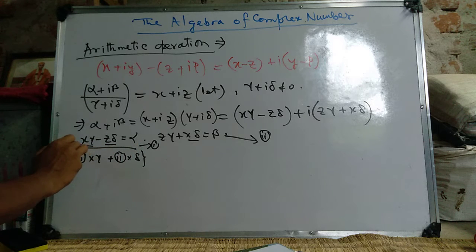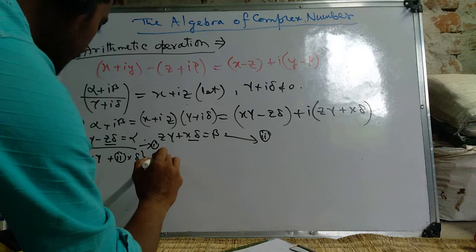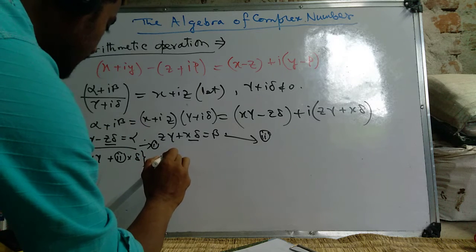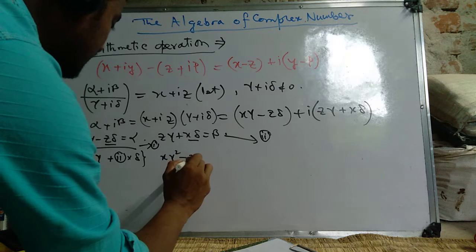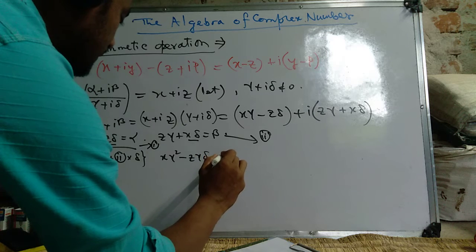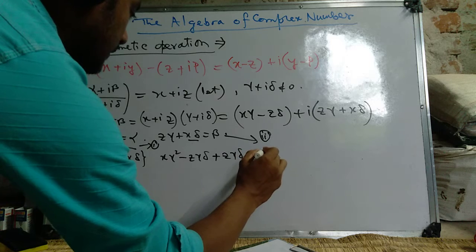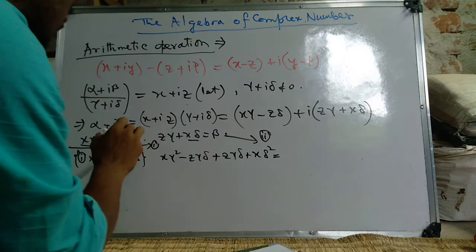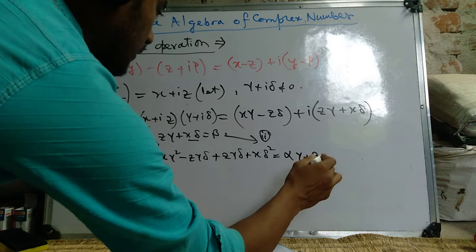Then we write x gamma square minus z gamma delta plus z gamma delta plus x delta square equals alpha gamma plus beta delta.